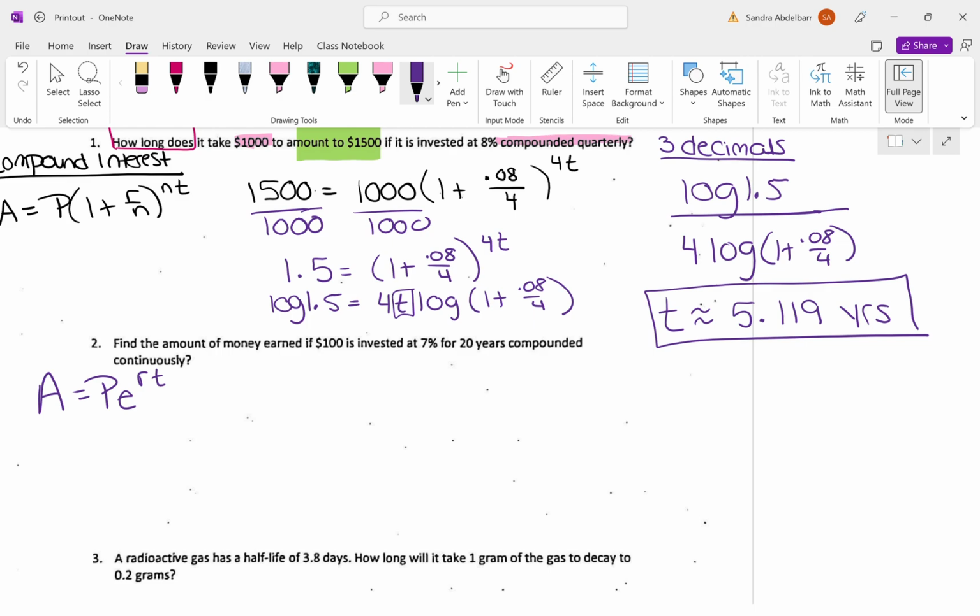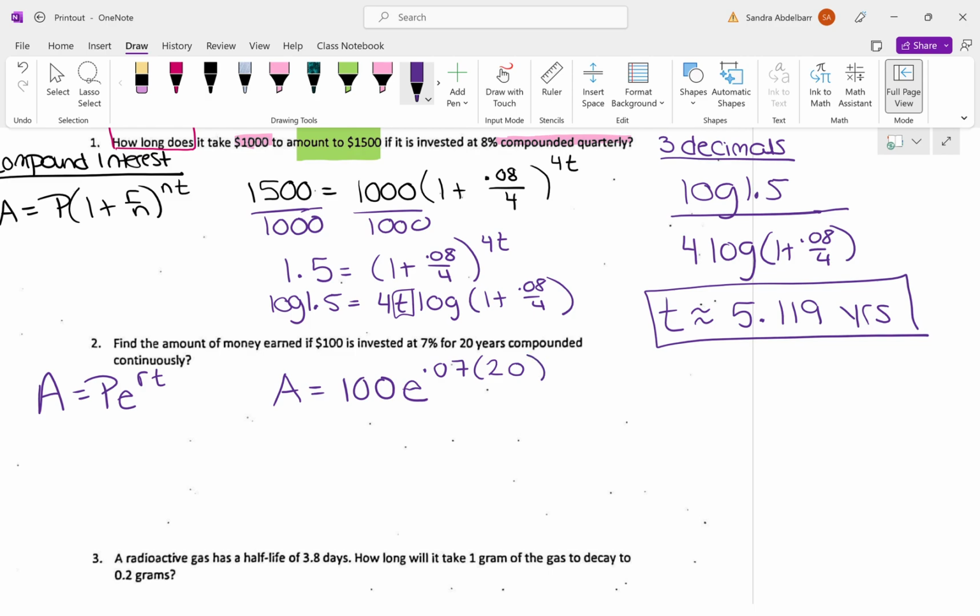So $100, do we all agree that is our principal amount? So we're going to have A is equal to 100. E is E. Our rate is 7%. Change it to a decimal. 7% as a decimal is 0.07 times how many years? For 20 years?